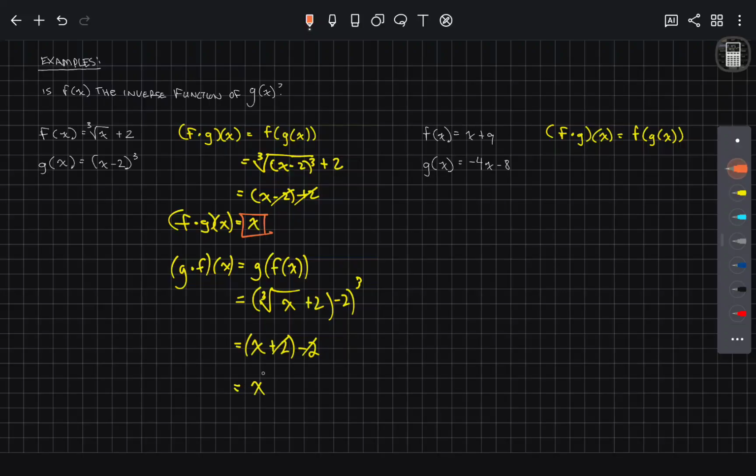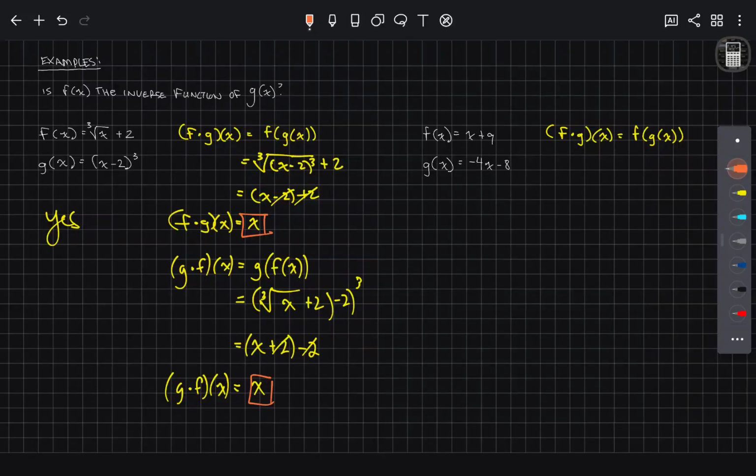Create a zero pair, and we got x. So we have established that whenever we substitute one function in for the other, they come out to be equal. So this would be a yes. Is f of x the inverse function of g of x? The answer is yes.